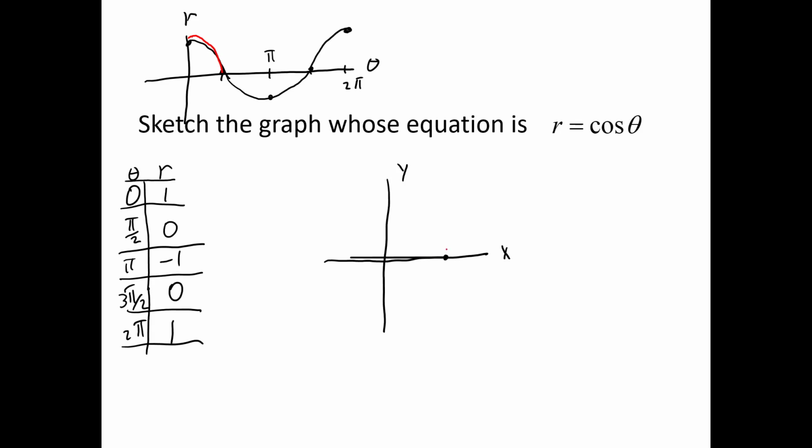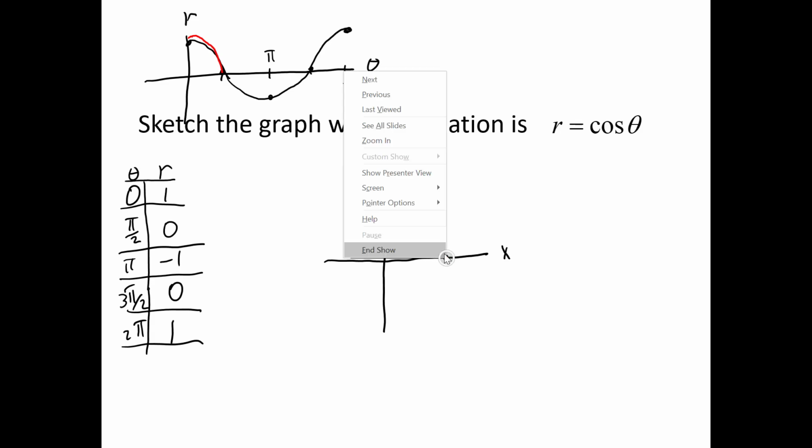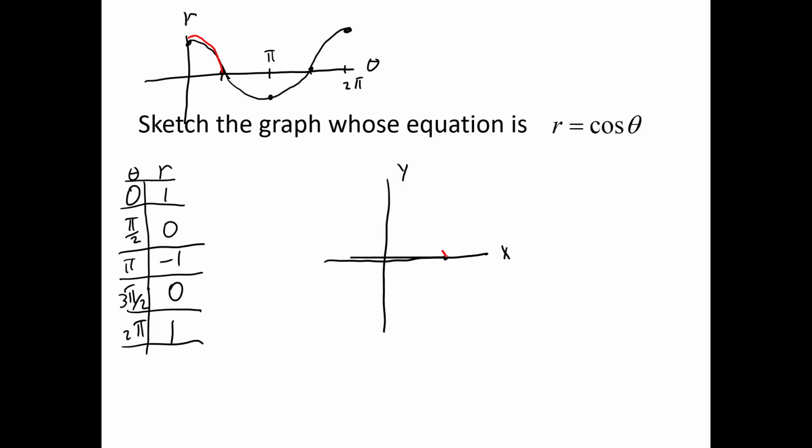So the curve starts here, and as you rotate, you connect to this point right here, and as you rotate more and more, your r value gets smaller and smaller until it gets to 0.